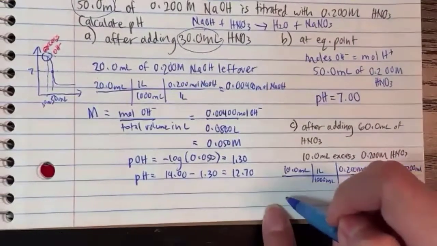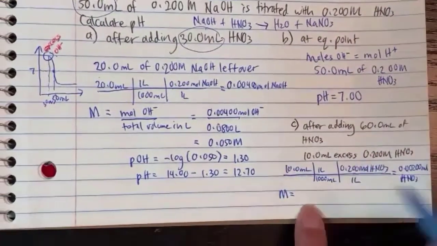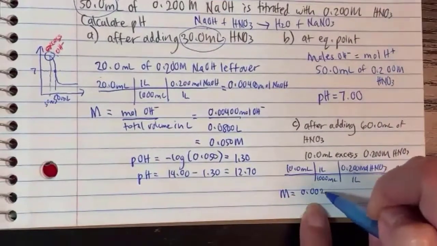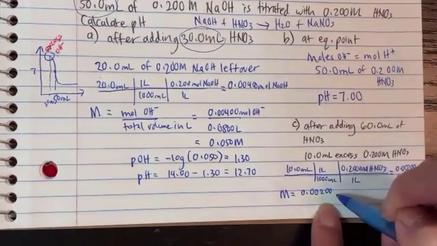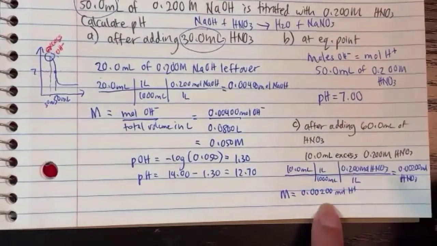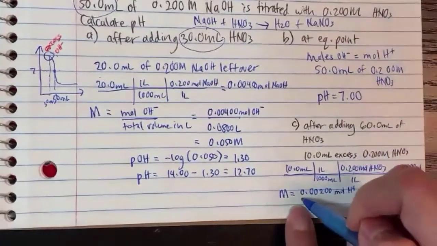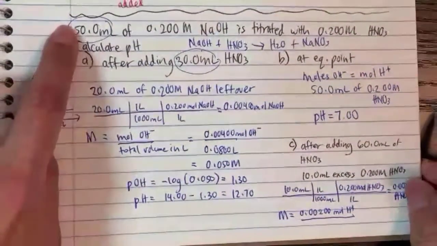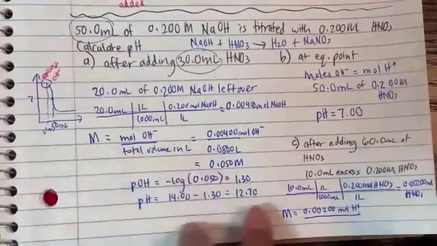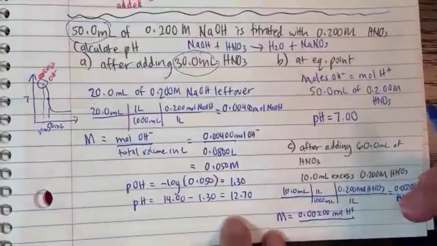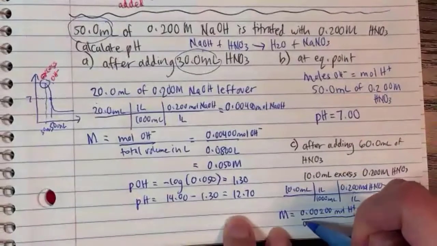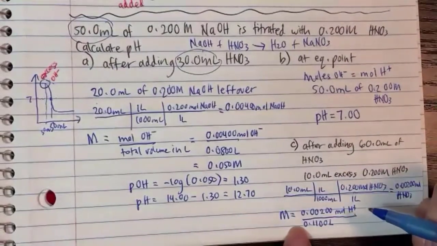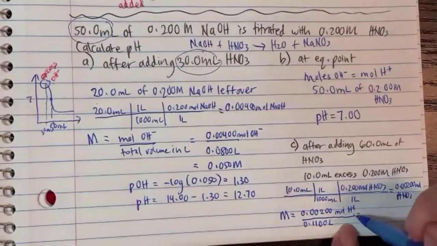Okay, so the molarity is going to be the moles of H plus, the same as nitric acid, divided by the total volume. Now, what's my total volume now? I had 50 and I have 60. So now it's 110. So it's 0.110 liters because the total volume goes there.